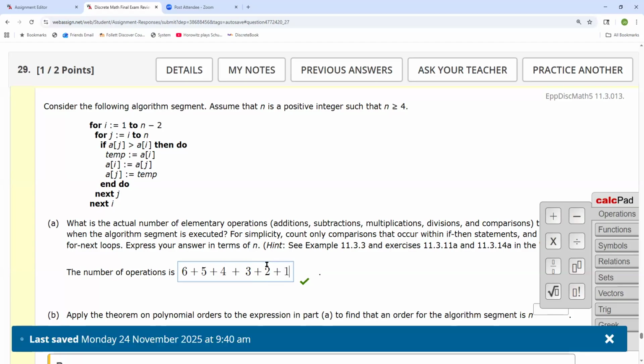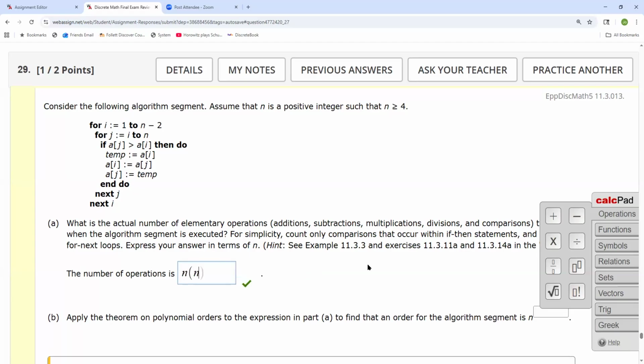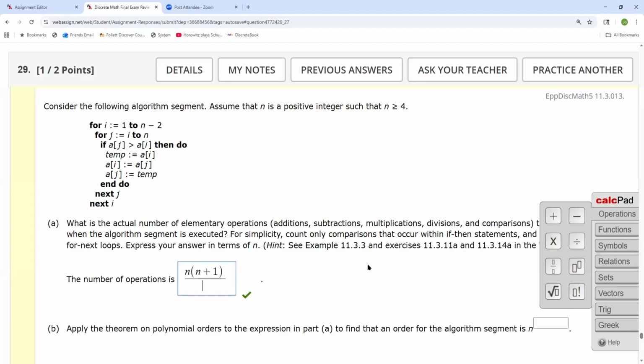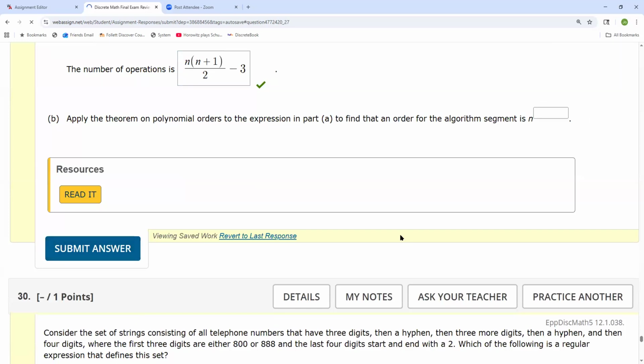So how big are the first two? What's 2 plus 1? So 1 plus 2 plus 3 all the way through n is equal to n times n plus 1 divided by 2, right? And then if it's missing the first 1 and 2, the beginning of it, it would take n times n plus 1 divided by 2 minus 3 operations. I don't remember if that's what I had last time, but it should work though.